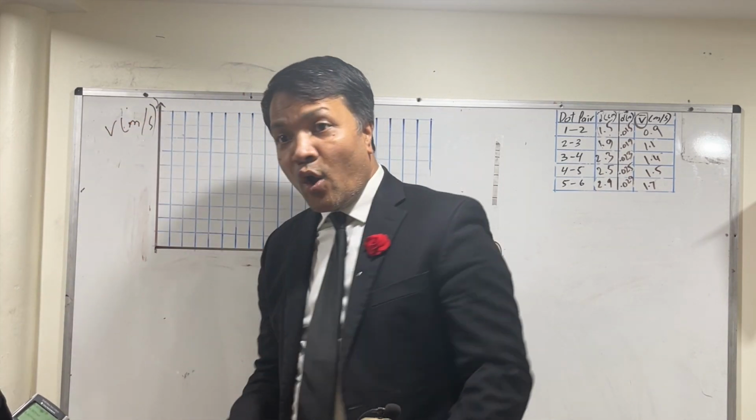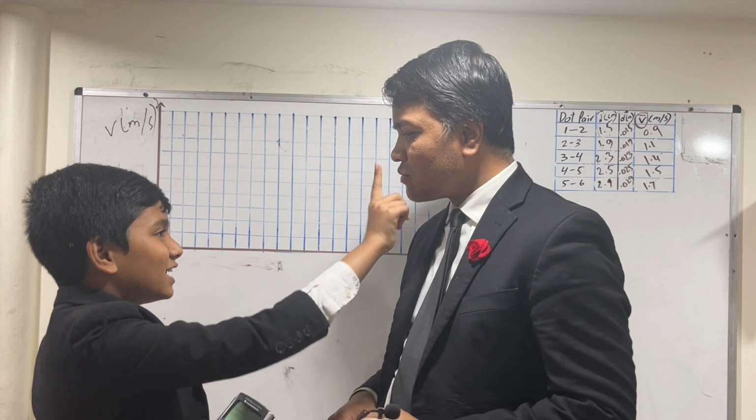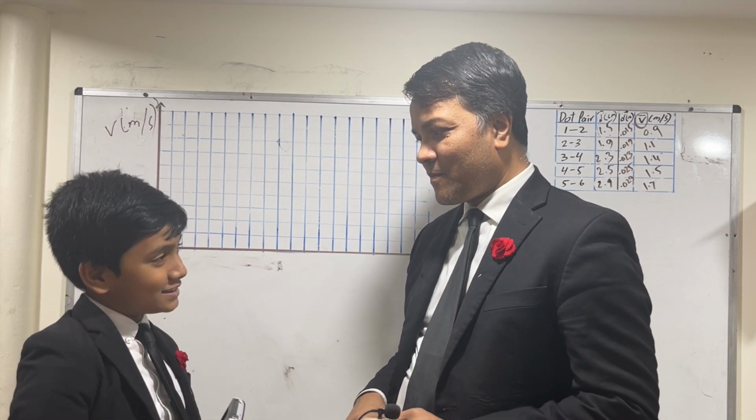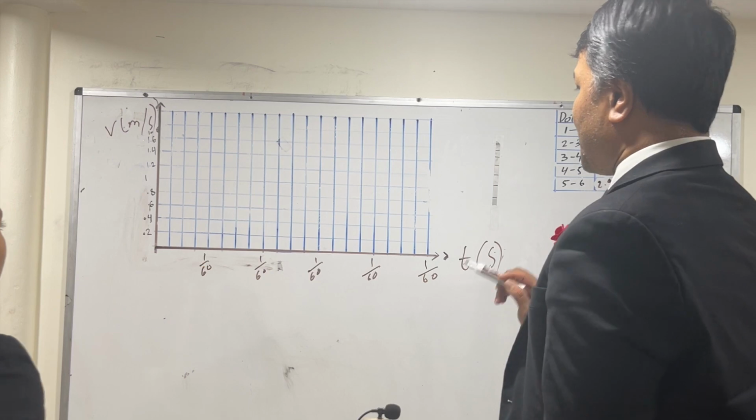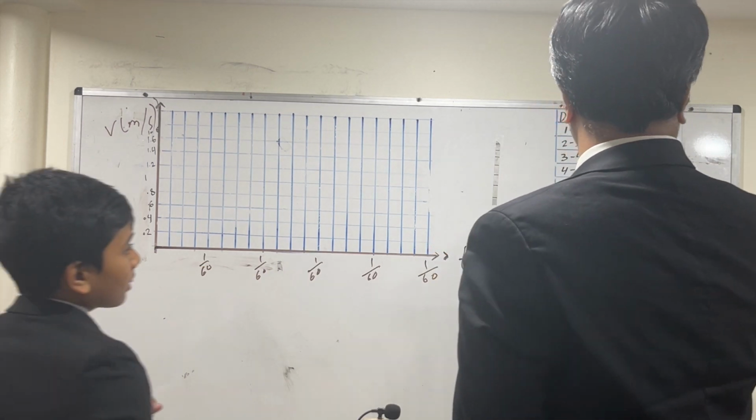Now I am going to write the points and you are going to watch. The first one is 1 over 60 comma 0.9.